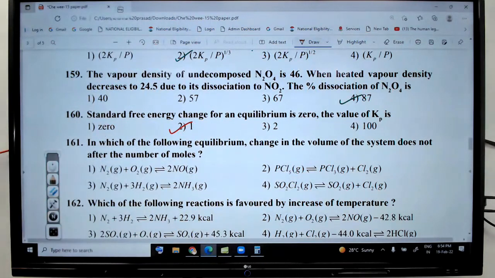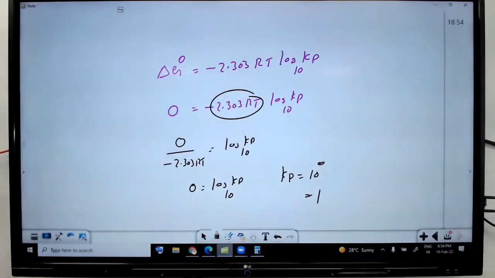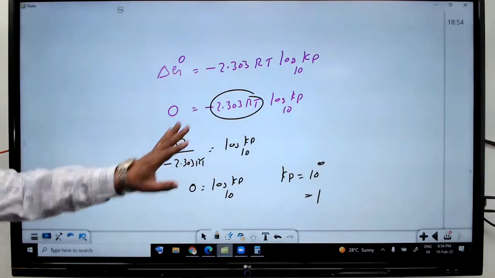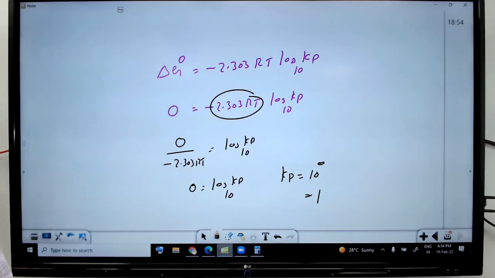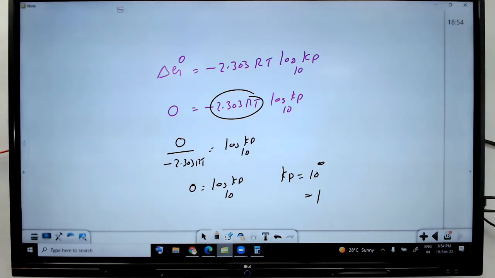Next, question number 161. One second. This value is given as 0, and they are asking for the Kp value. Anything 0 by anything is 0, then the Kp value is much.